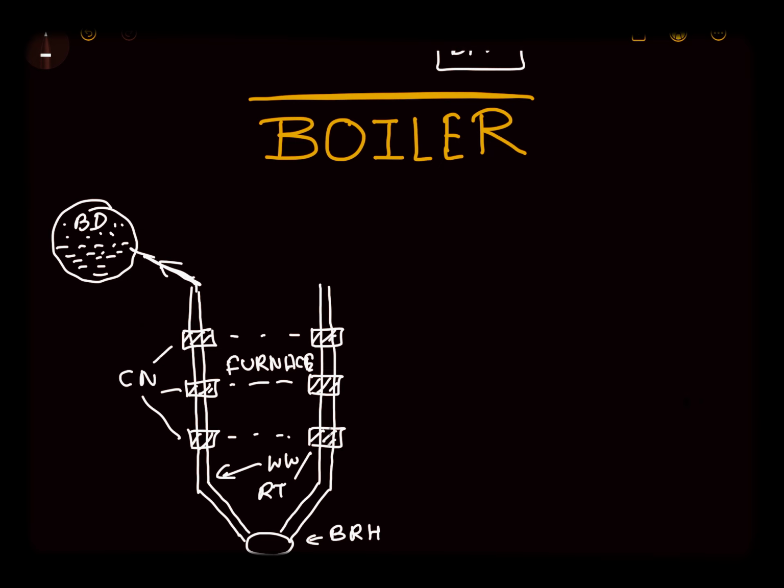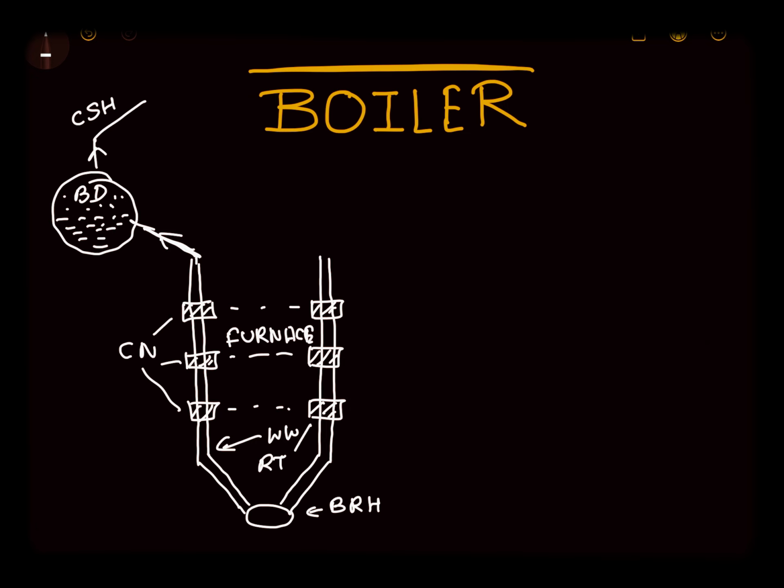Fine. Now the steam from the boiler drum is sent to the convective superheater to superheat it. Fine. And above this boiler some components are attached, which I have shown in the previous session. The first component is the radiative superheater, and whatever steam is coming from the convective superheater comes into the radiative superheater.